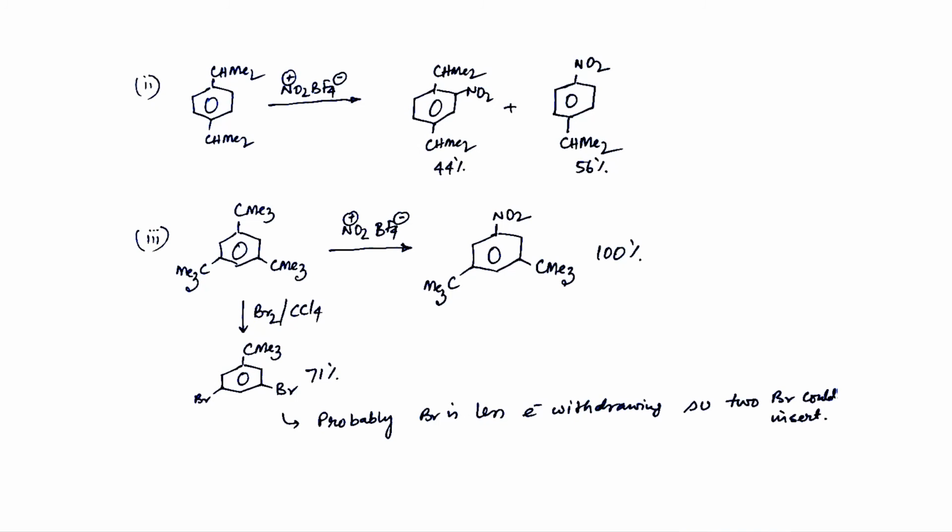So this could probably happen because NO2 is much more electron withdrawing in nature. So it deactivates the system. That is why other groups cannot leave. But in case of bromine, it is not as strong as NO2. So probably two of the tert-butyl groups can be replaced or displaced. Okay.